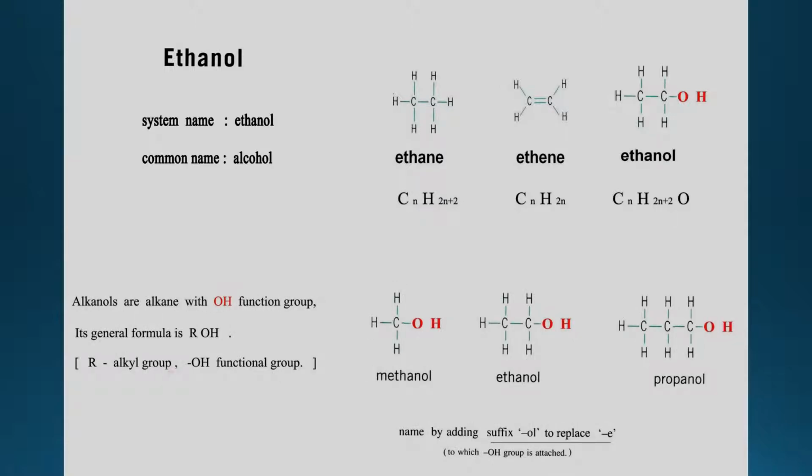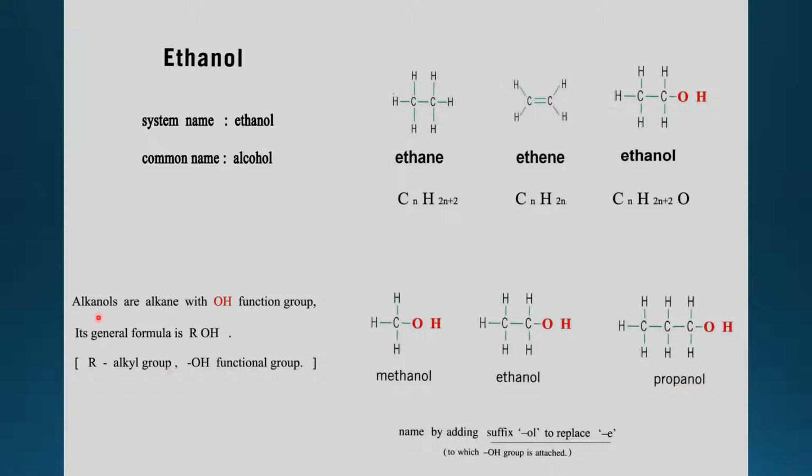Now we talk about naming of this hydrocarbon. Methanol is the 1C hydrocarbon with an OH. Ethanol is a 2C hydrocarbon with an OH. Propanol is a 3C hydrocarbon with an OH.